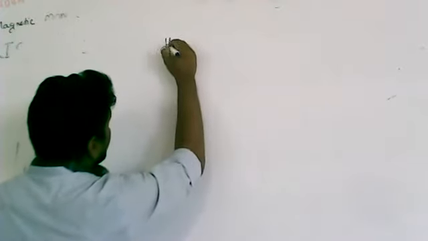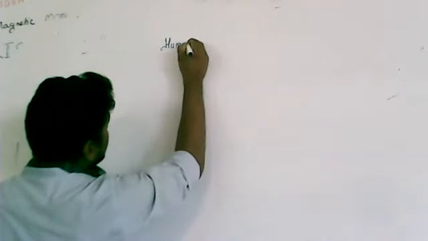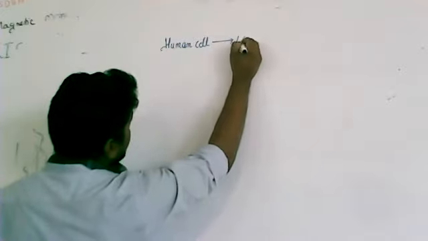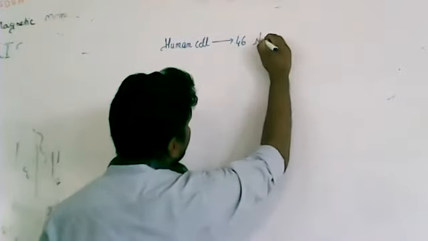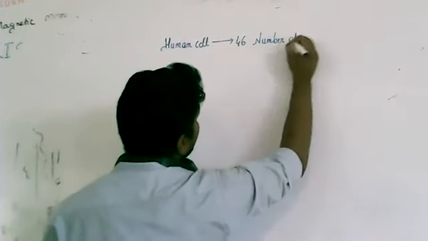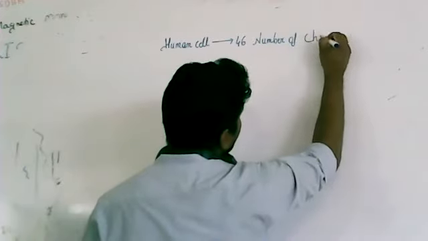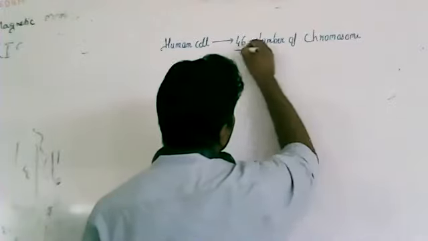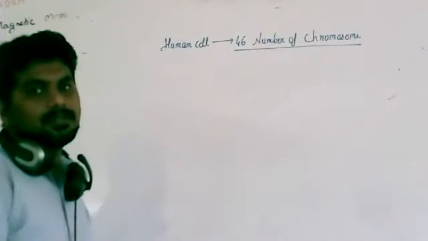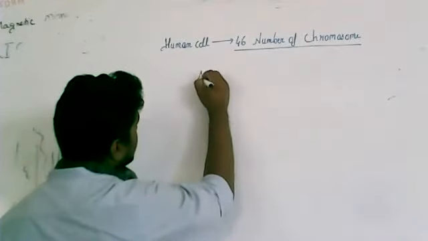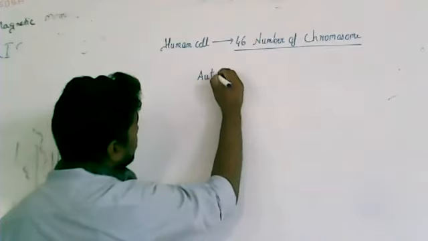Here they have been divided into two types. The first one is called autosome.